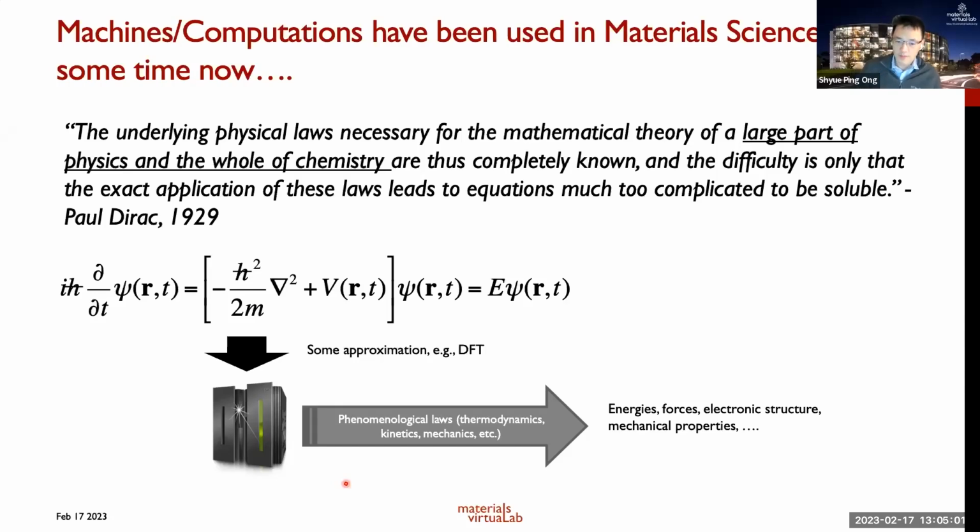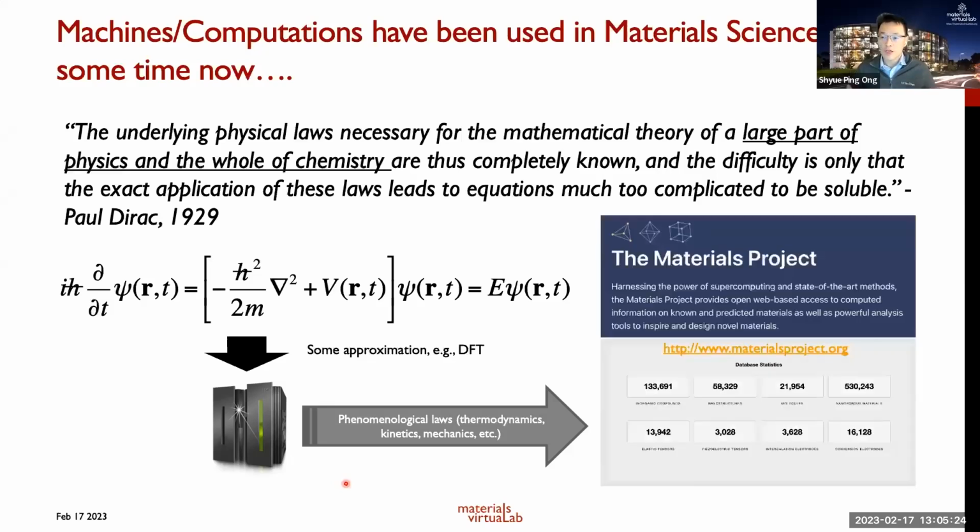Today we are not just able to do such calculations on a single material, but we are able to do them in high throughput. In other words, we can run simulations across tens of thousands or even hundreds of thousands of materials, right? And this has led to the development of very large databases of material properties.